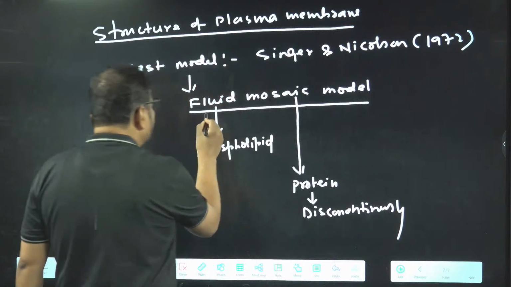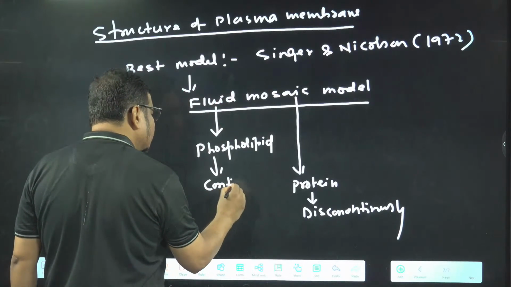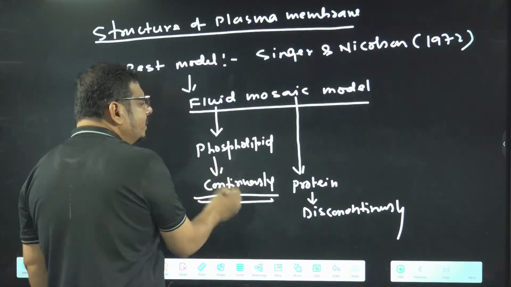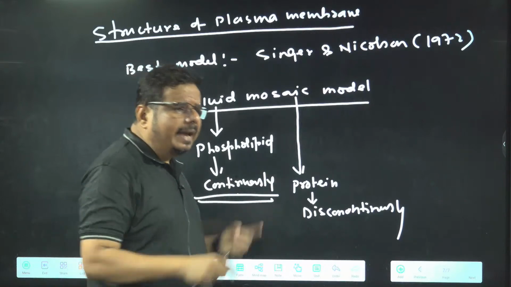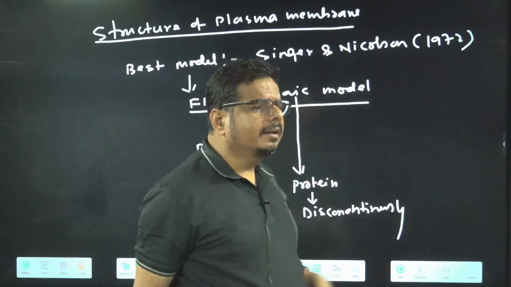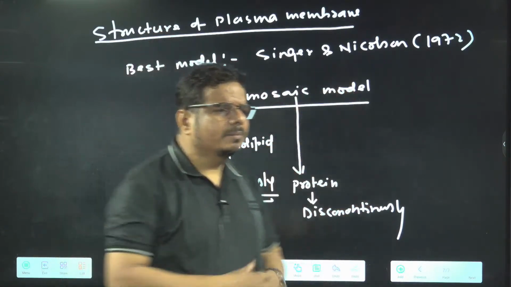The fluid component is continuous, with phospholipid forming a continuous layer. In that continuous layer, protein is embedded here and there like a mosaic. That is the fluid mosaic model.